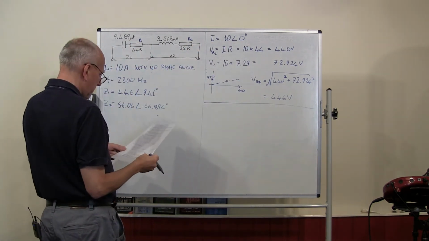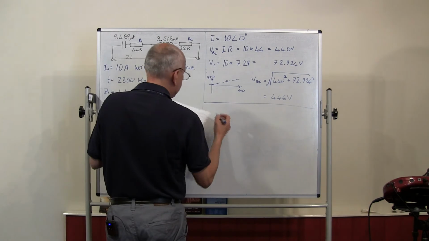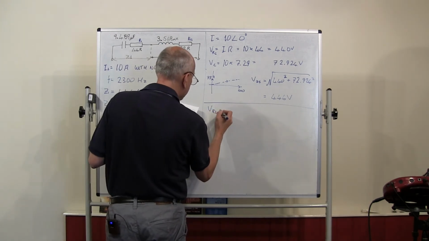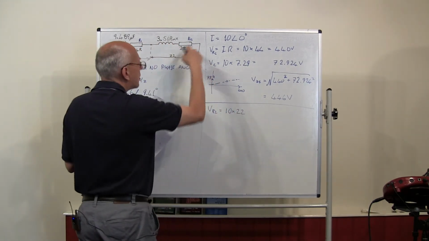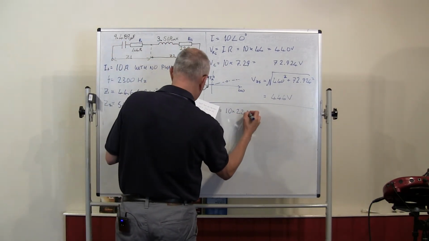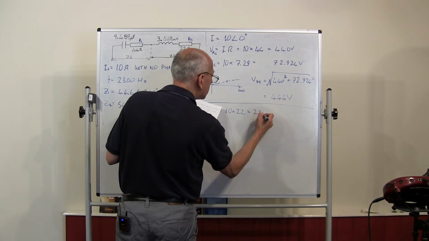So let's have a look at the other one. Same approach, VR2 is going to be 10 times 22. Is it 22 ohms for the R2? Gives me 220.